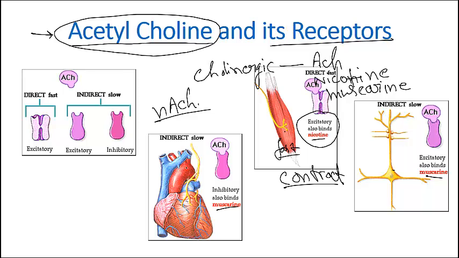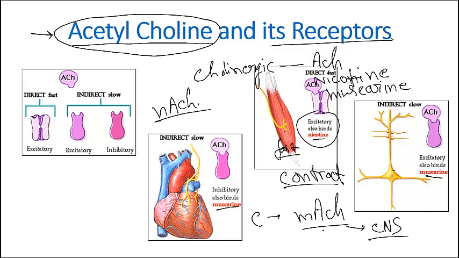The other type is the cholinergic muscarinic receptor, also known as mAChR. This is found in the central nervous system most of the time, and in most of the effector organs of the parasympathetic branch of the nervous system, because here acetylcholine acts indirectly.